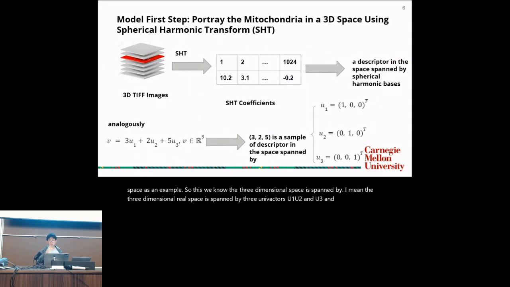And we can see that v can be represented by a linear combination of these bases. And so (3, 2, 5) can act as a descriptor of v in the three-dimensional real space. Similarly, for SHT, we will be able to use the SHT coefficients as a descriptor to describe our shape.